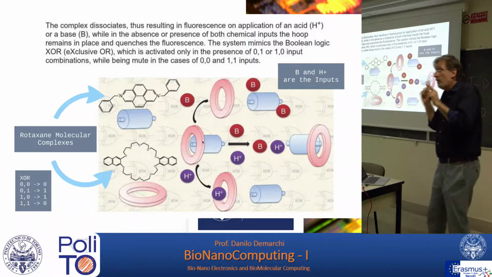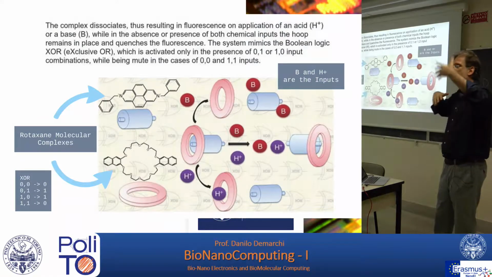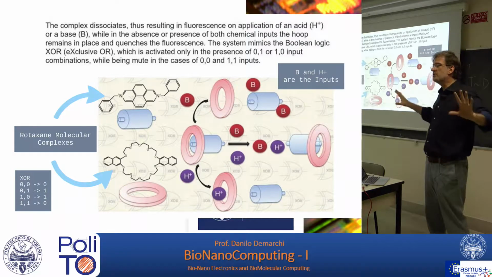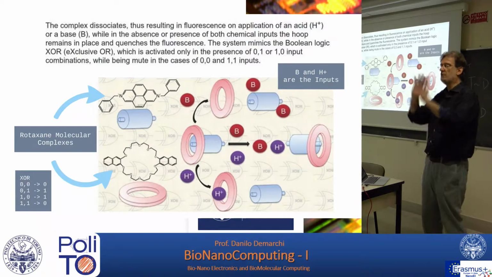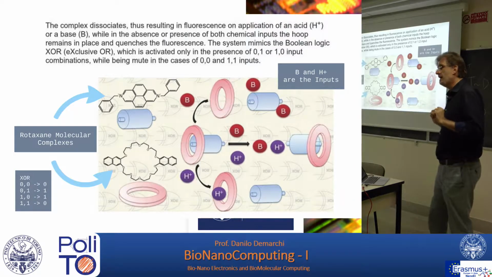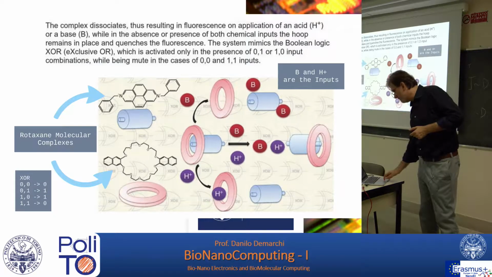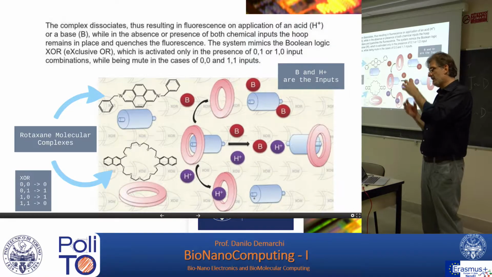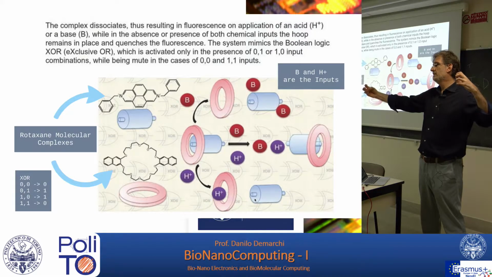So, if I have in solution both some bases and some acids, again, the situation is that the ring stays around the cylinder, and so I don't have fluorescence. But if I have just bases, only bases like this, or only acids, the ring disconnects from the cylinder.